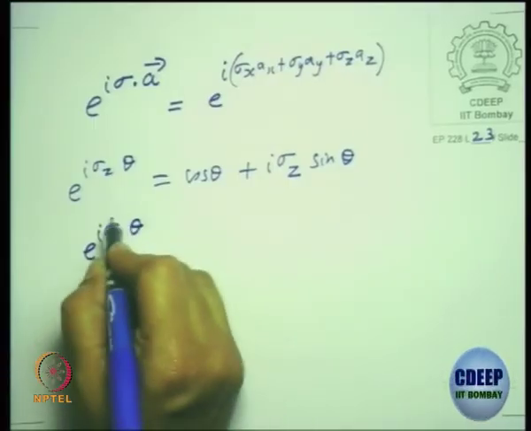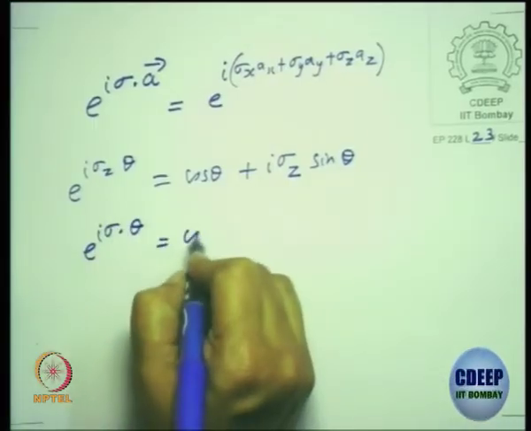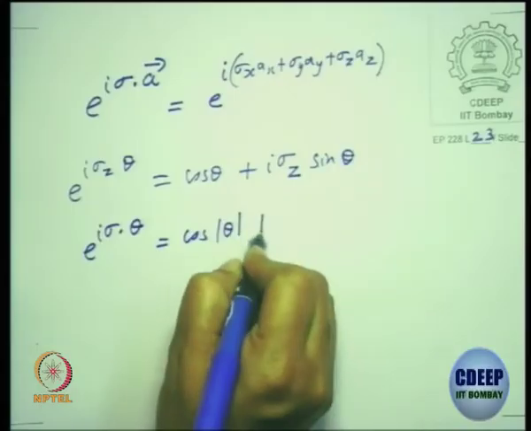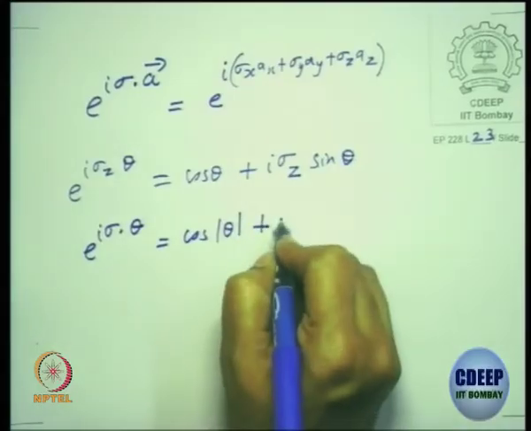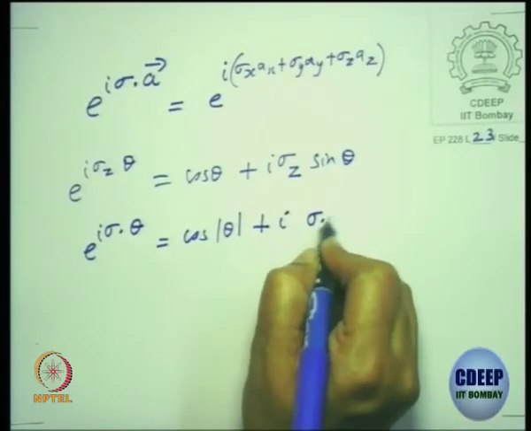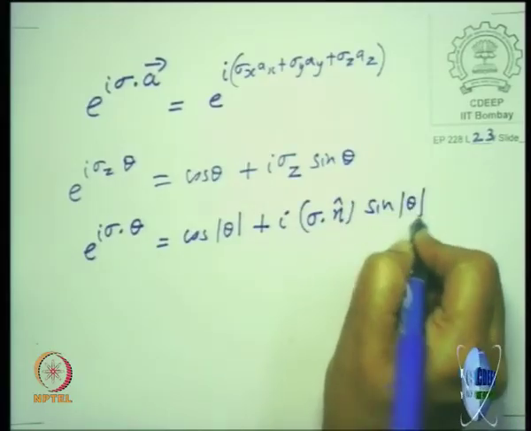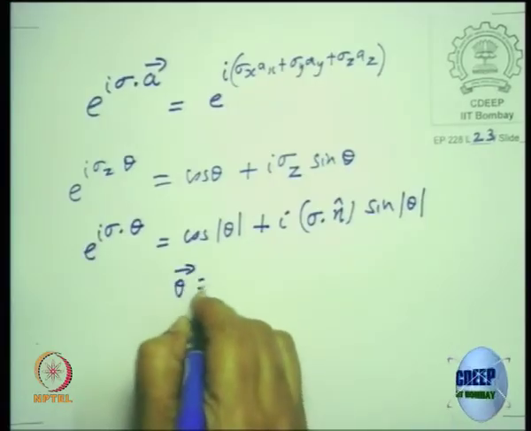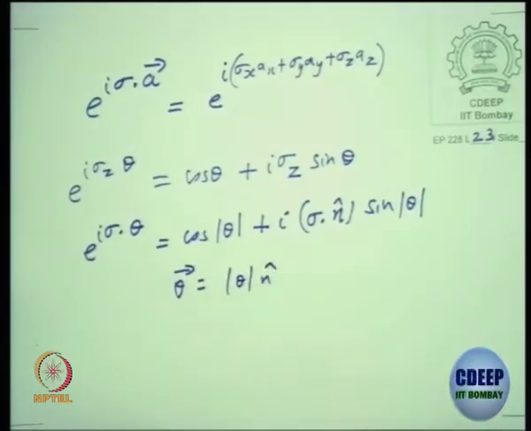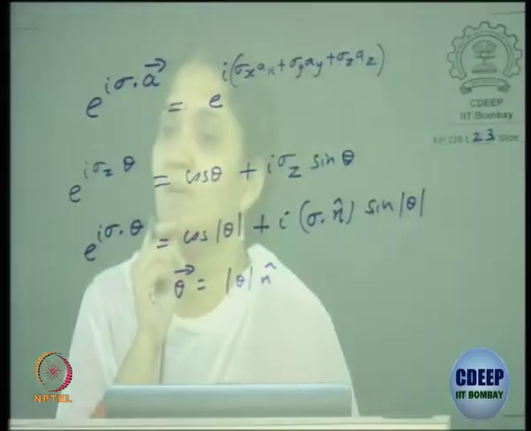Some theta vector, if I had, I would have written this as cos of mod theta plus I sigma dot n hat sin of mod theta, where theta vector is, just by inspection. You can also verify here using Pauli matrices properties.